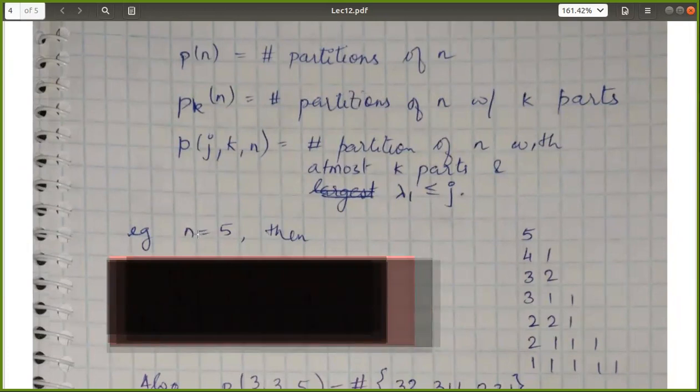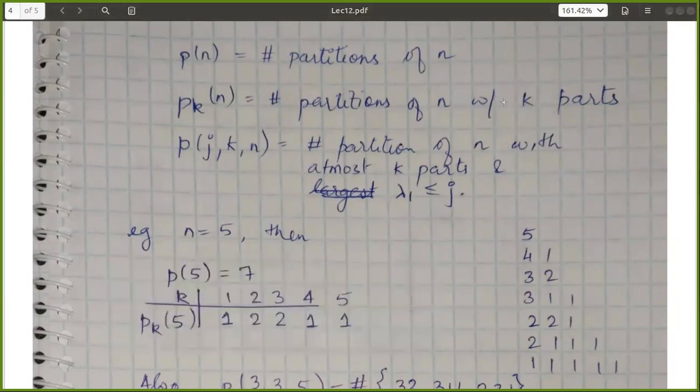So first of all, if n is equal to 5, oh goodness, what is happening?